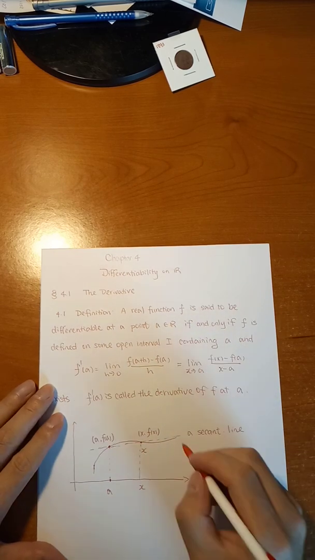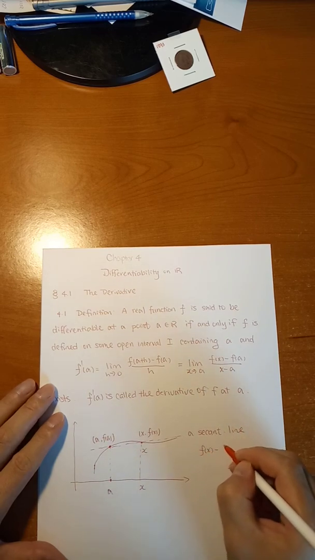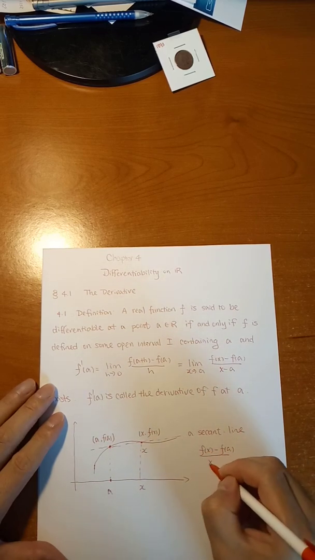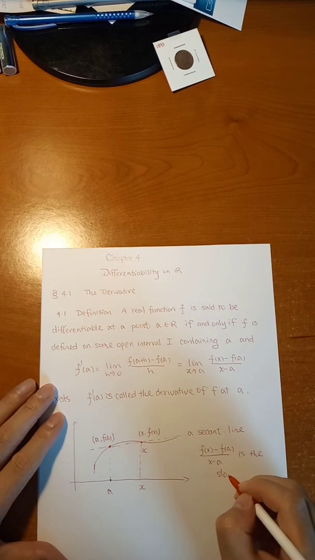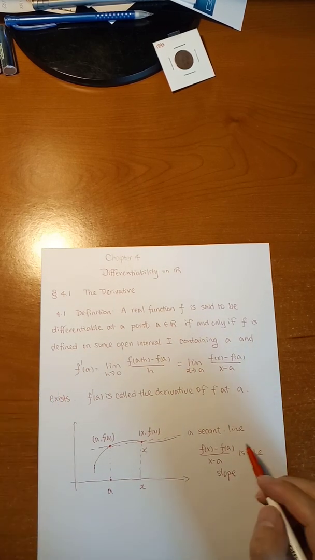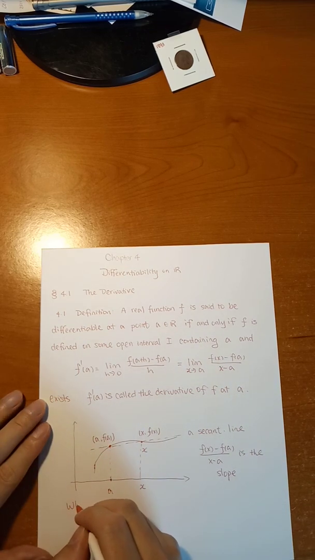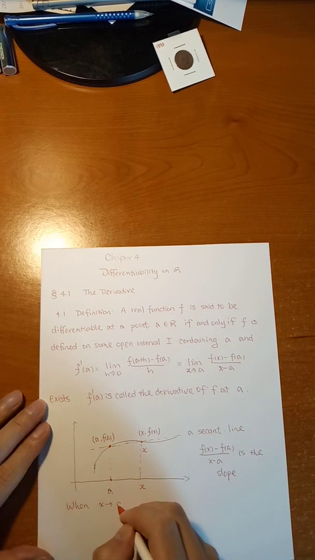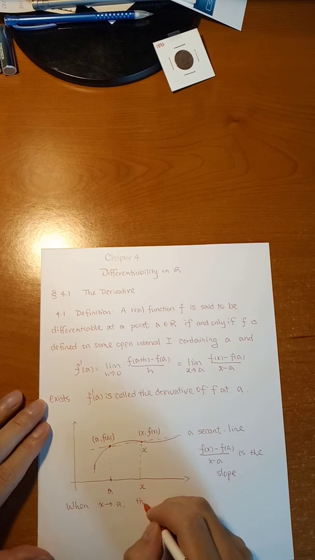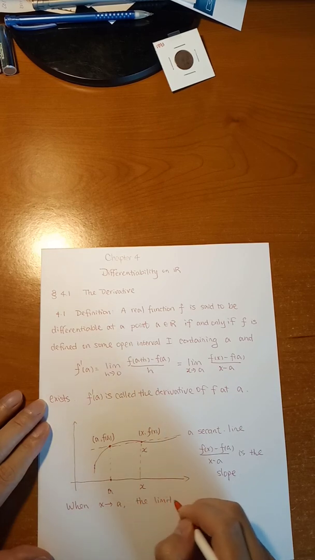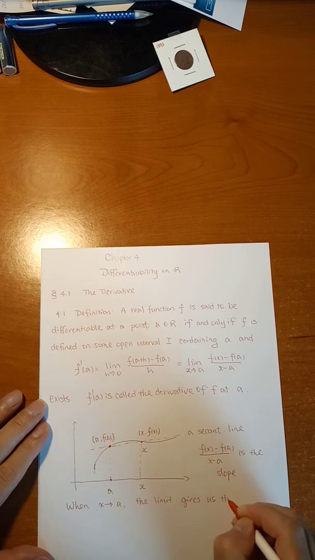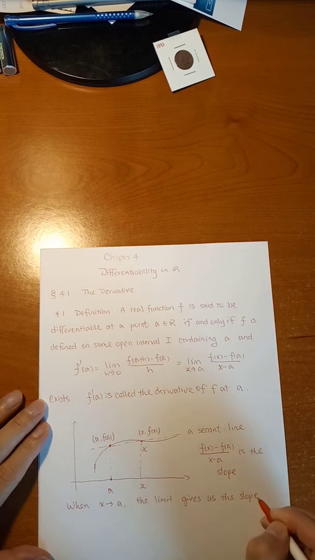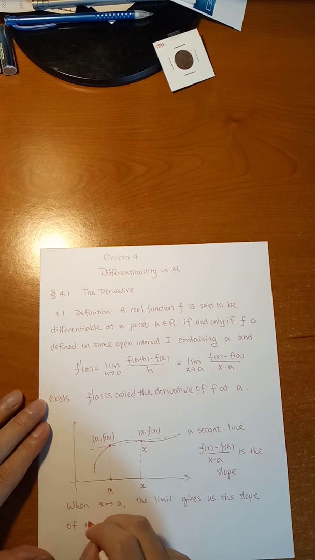And (f(x) minus f(a)) over (x minus a) is its slope. When x approaches a, the limit gives us the slope of the tangent line.